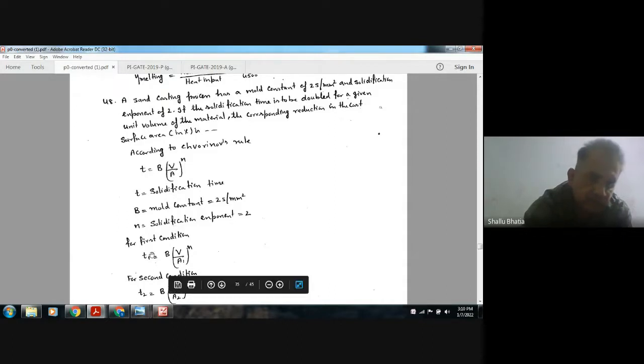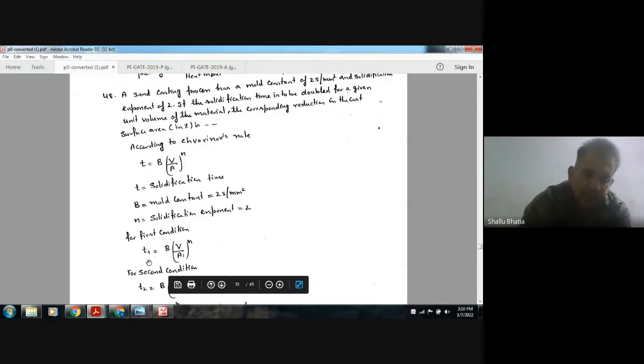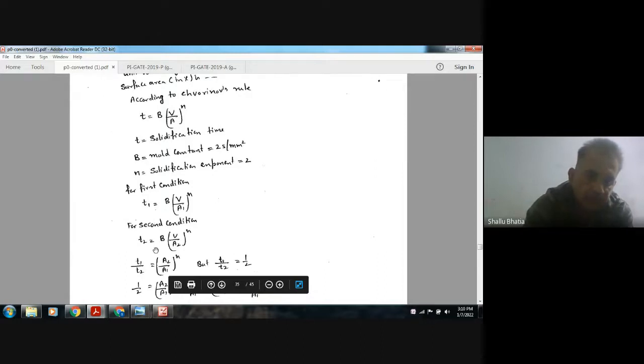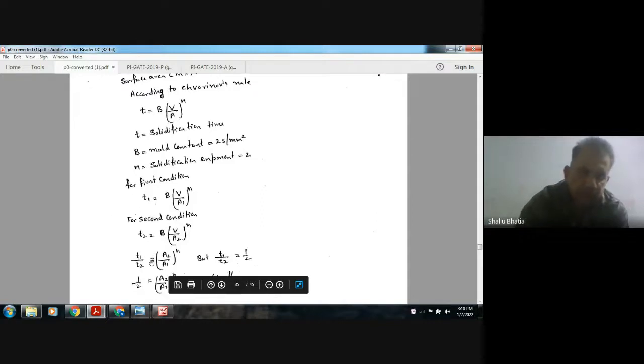So T2 is double of T1. B is the same constant and n is the same constant. Suppose the area is changed, the area is A2. So from this and this, T1 and T2, we get T1 by T2 is equal to A2 by A1 to the power n.